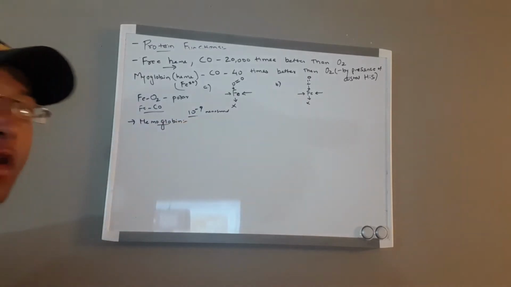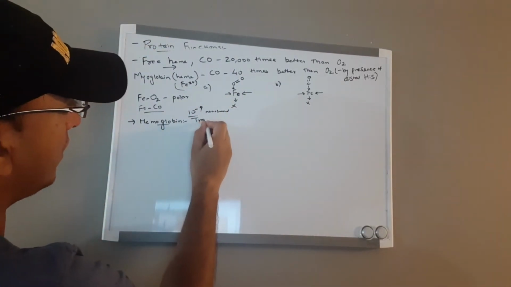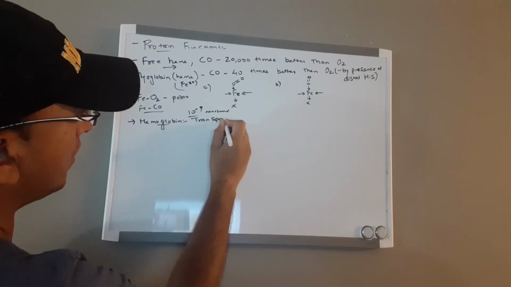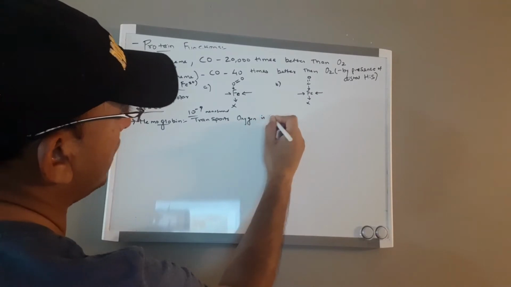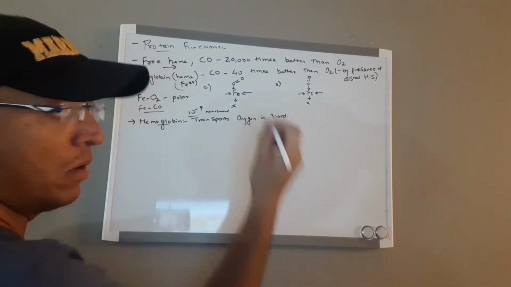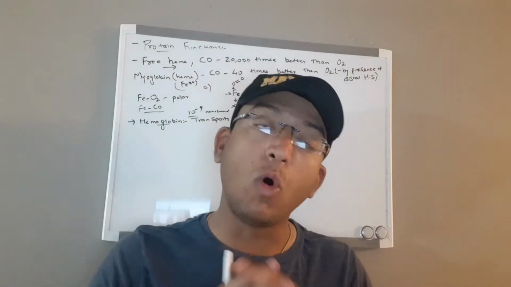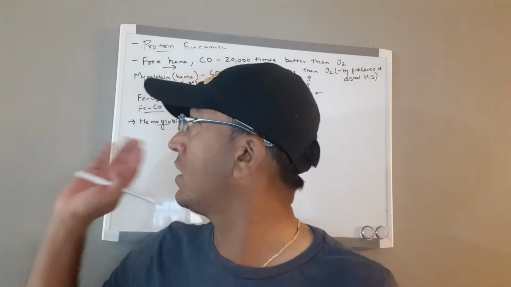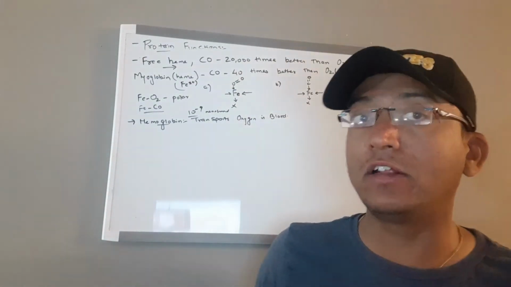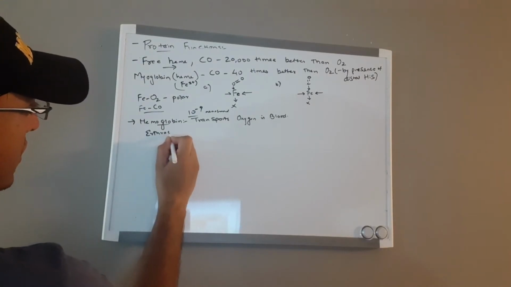Right, so hemoglobin transports oxygen in blood. Nearly all the oxygen that is carried by the whole blood in animals is bound and transported by the hemoglobins in erythrocytes, right? So what are erythrocytes? That's red blood cells.